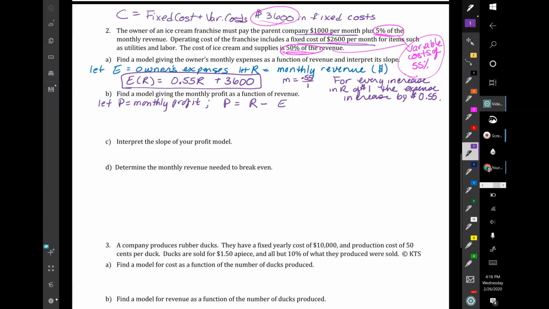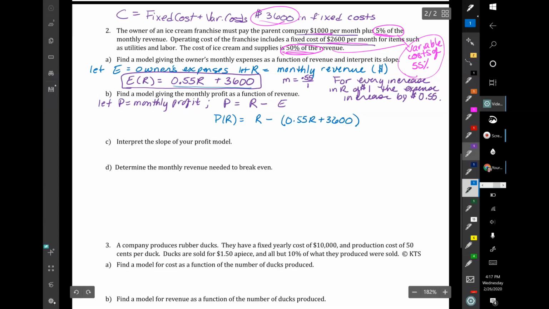And we want to put those two things together. So if we think of revenue as everything we took in, we would have the profit in relation to R, P of R, equals R, think of it as 1R, minus our expenses, which we have a model for right here, 0.55 R plus 3,600.